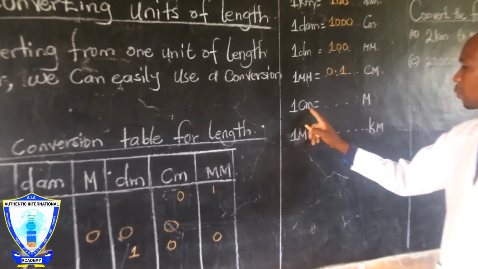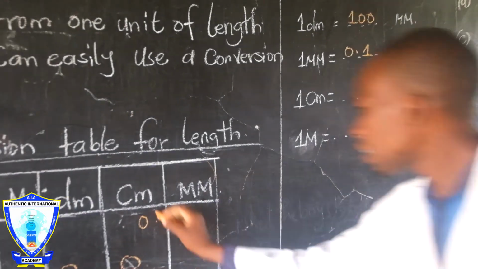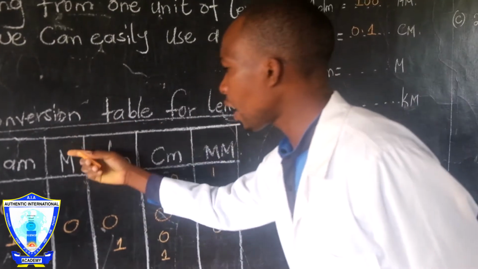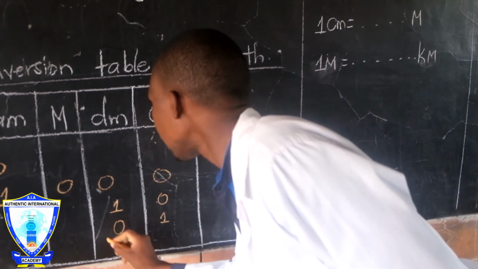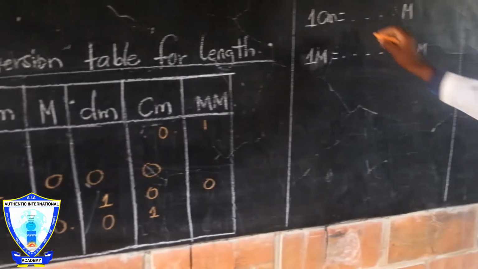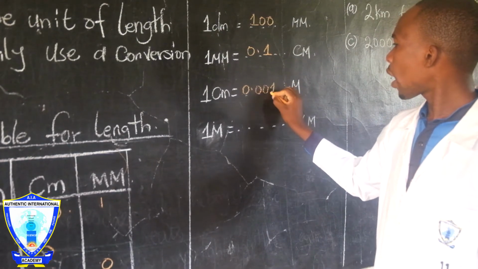What about centimeter to meter? All the same. From a smaller unit to a bigger unit, I will add 2 zeros, so the answer is 0.001.